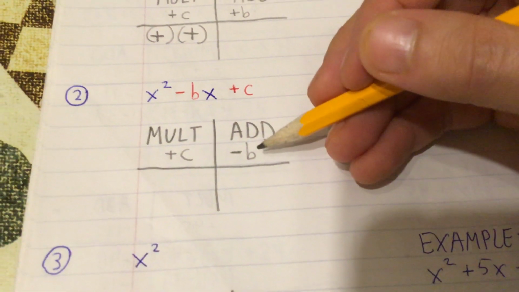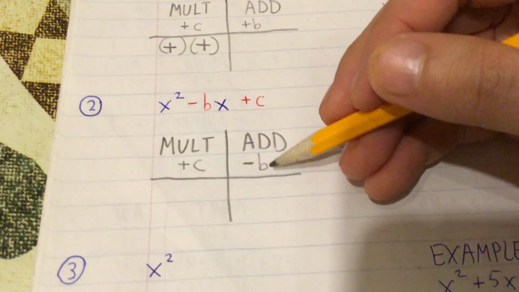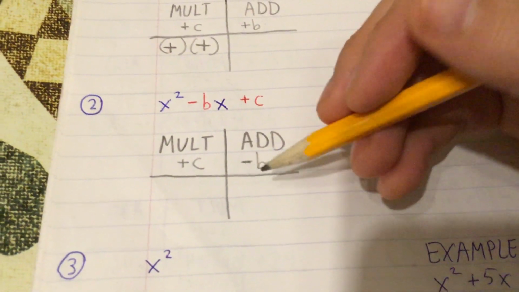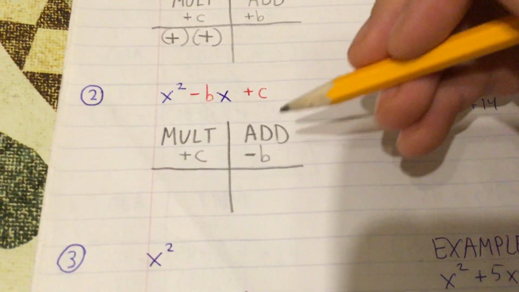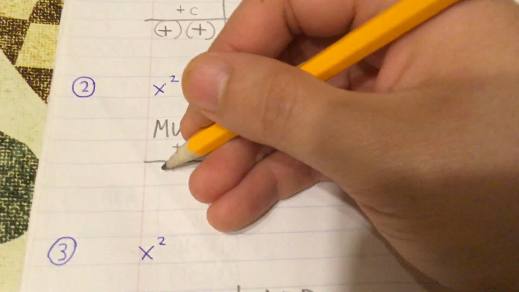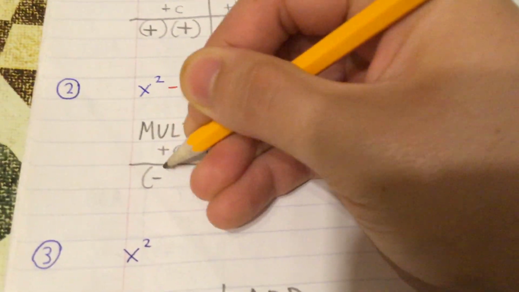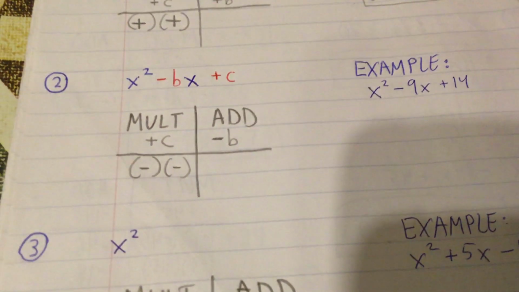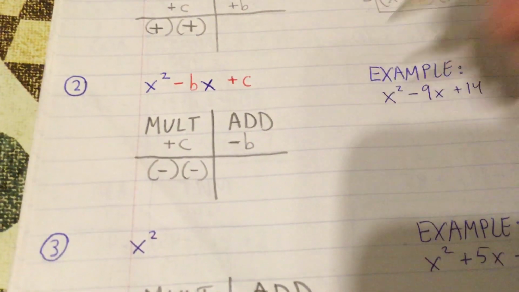However, if it adds to a negative b, that means that if I do positive times positive, positive plus positive does not add to a negative. But if I do negative times negative, negative times negative will make a positive, and 2 negatives added together will make more negative.